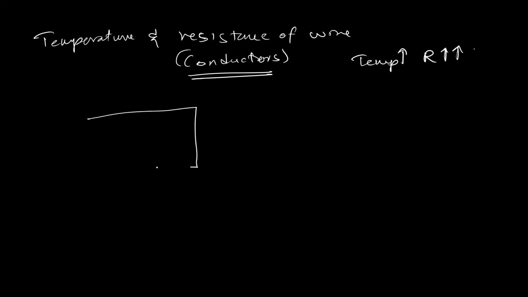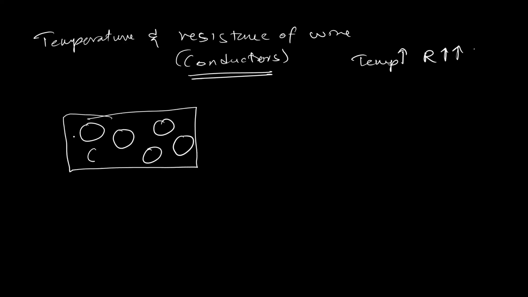Why is that? If you take a metal, there are metal atoms, and the ones which conduct the current are the electrons. The electrons are traveling like this. Initially, when the temperature is not high, these atoms are stable in one place and the electrons can travel through the gaps.